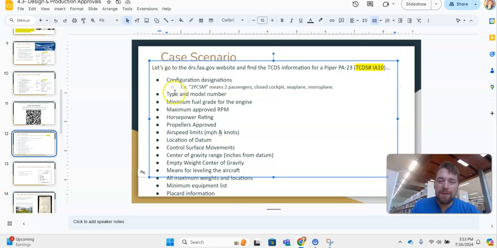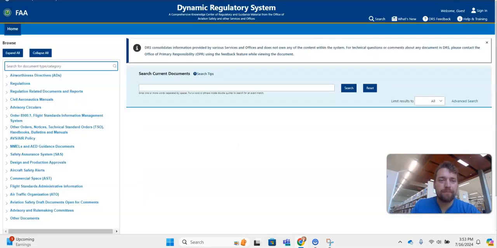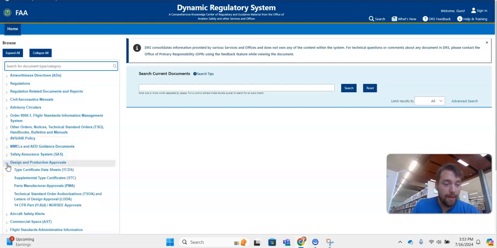We're going to look for some of the things that we listed in the previous slide. So again, use your QR code. Let's go to drs.faa.gov. So when you go to the Dynamic Regulatory System, if you scroll down far enough, you're going to see Design and Production Approvals. You're going to click on that.